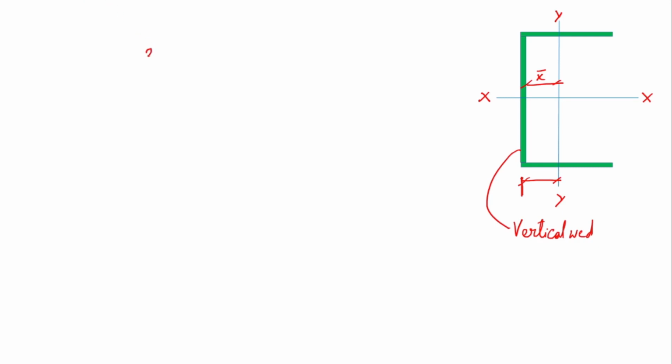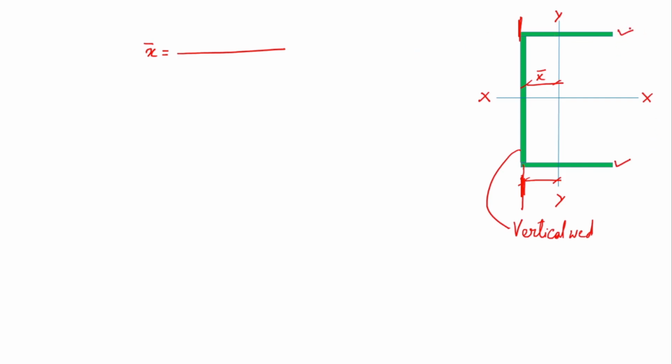So x bar equals... the vertical weld is passing through this line, so the distance of the vertical weld from this line will be 0. So there is no need to consider this vertical weld to calculate x bar. Instead, we have to consider the horizontal weld at the bottom as well as at the top.